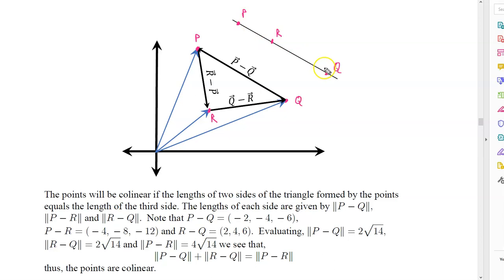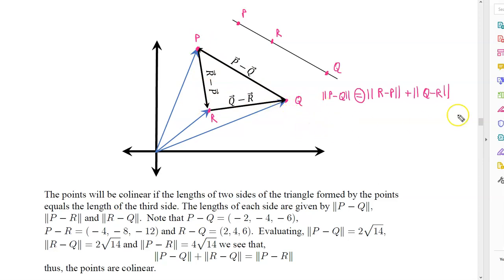You see, in this case, the length P minus Q would then exactly equal R minus P, that distance, plus Q minus R. So if this holds, if we have equality right here, then the 3 points actually have to be collinear. So we just need to calculate the length of these 3 sides and see what we get.